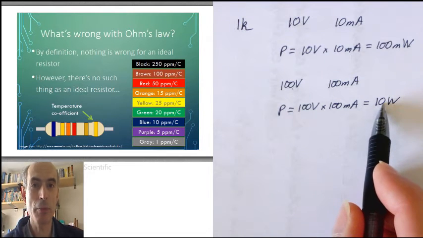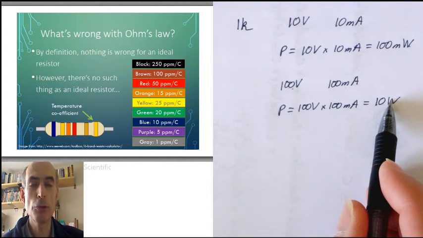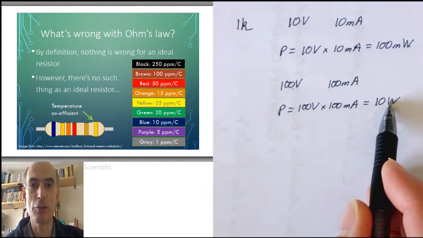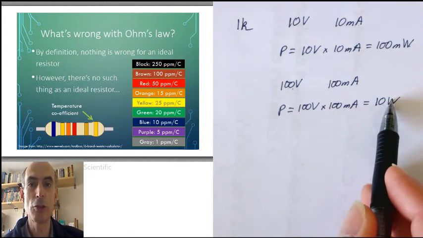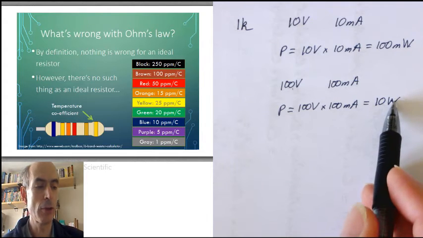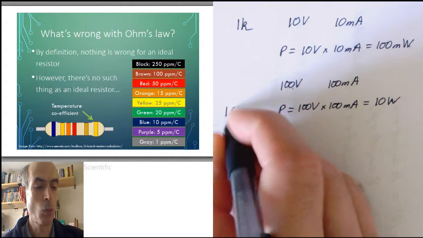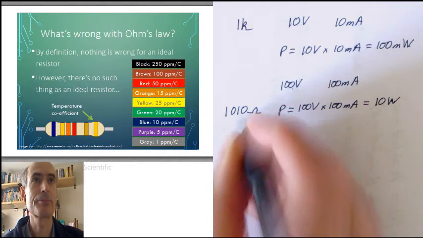It's going to heat up that resistor. And as that resistor heats up, its resistance is going to change. Most resistors increase their resistance as the temperature goes up, so perhaps this resistor, once you start trying to dissipate 10 watts through it, may go up to 1010 ohms.